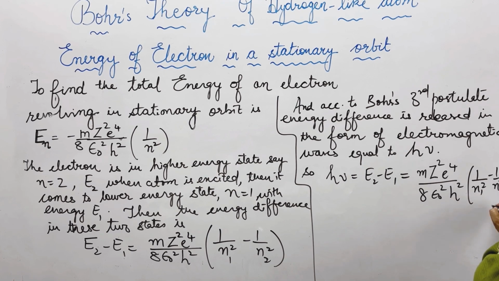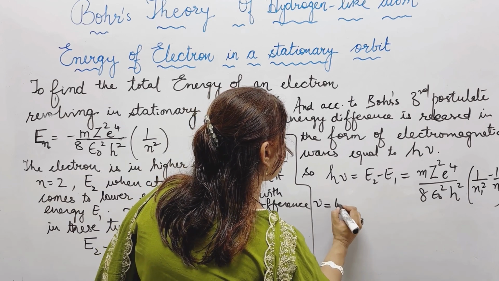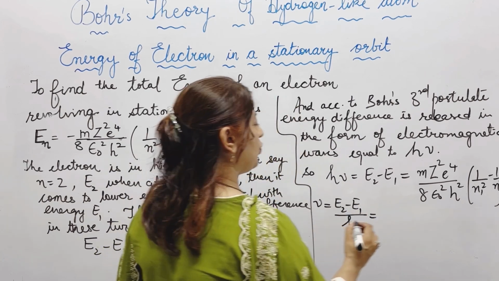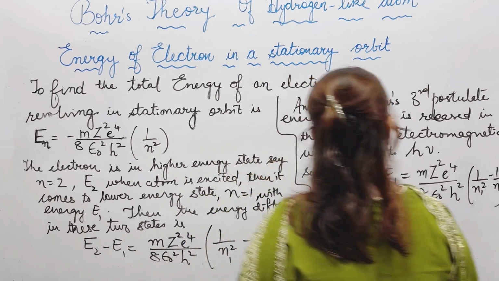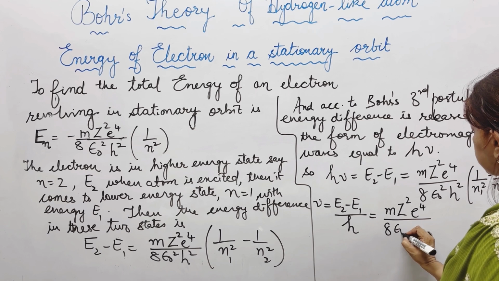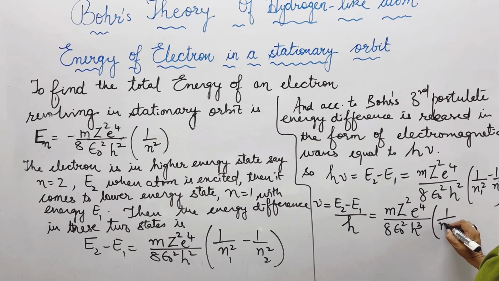1 by n1 square minus 1 by n2 square. Now rearranging, we have this frequency nu is equal to E2 minus E1 by h, equal to m z square e to the power 4 upon 8 epsilon naught square. Now because h has been taken below that, h square has become h cube, 1 by n1 square minus 1 by n2 square.